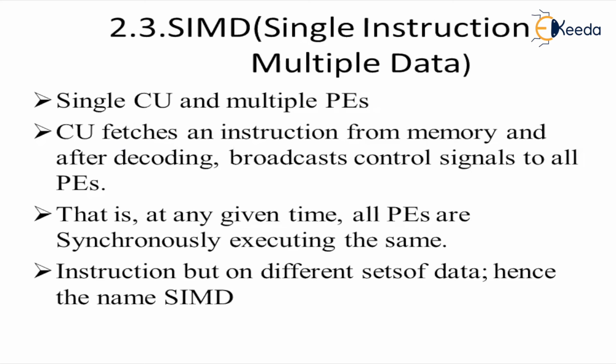In Flynn's taxonomy, it describes computers with multiple processing elements that perform the same operation on multiple data points simultaneously. So a single control unit has multiple processing elements. The control unit fetches an instruction from memory and, after decoding, broadcasts the control signal to all the processing elements, which we call PEs.